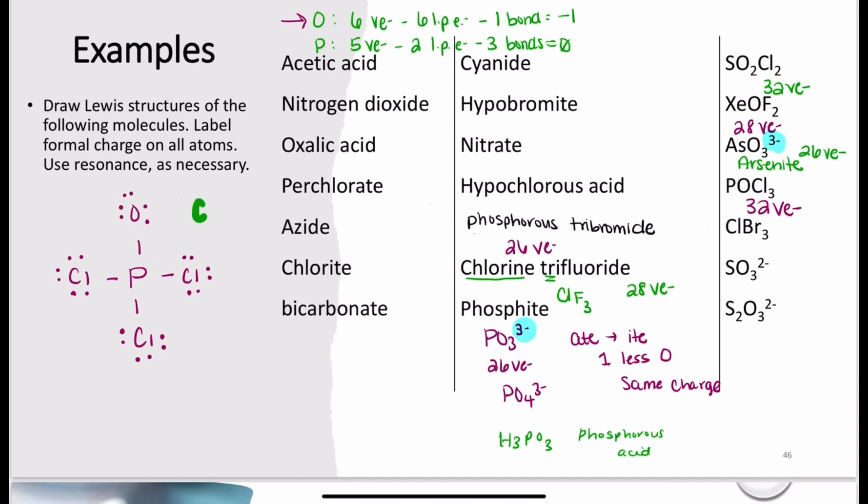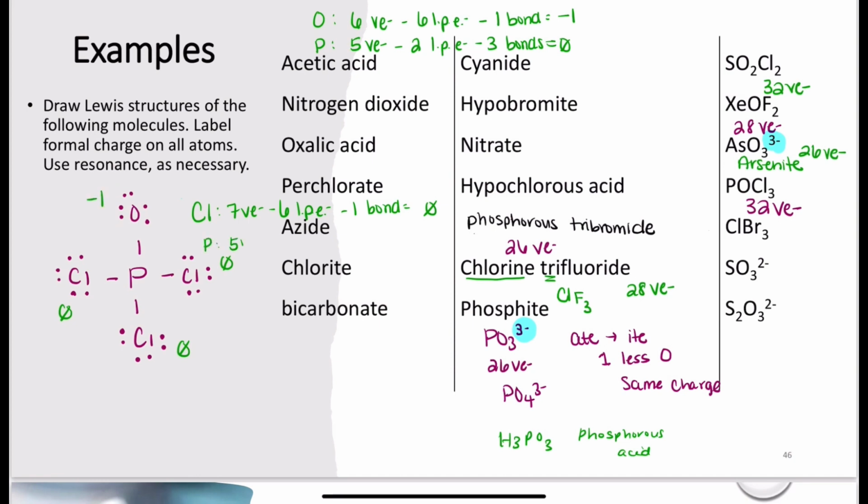Chlorine: 7 valence electrons, minus 6 lone pair electrons, minus 1 bond, is 0 formal charge. Oxygen, again, I know 6 valence electrons, 6 lone pair, and 1 bond is a -1 charge.